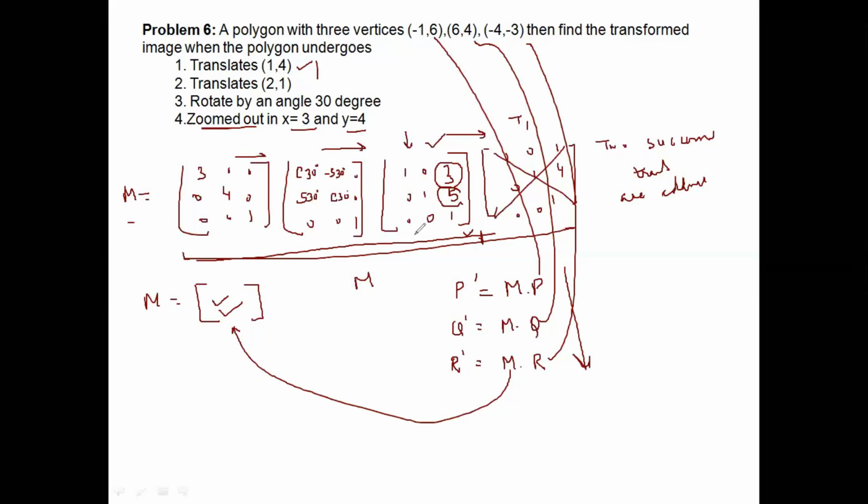Okay, so let's see another problem related to composite transformation where you are performing the transformation about a fixed point. Here we have taken an example where the transformation is taking place about the origin. Everything will be done with respect to the origin: translation, rotation, then scaling.